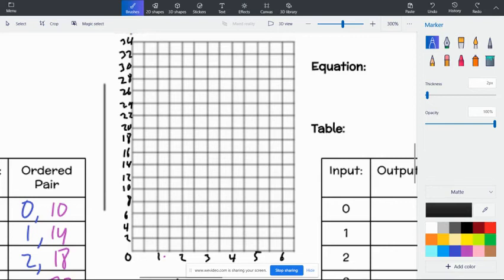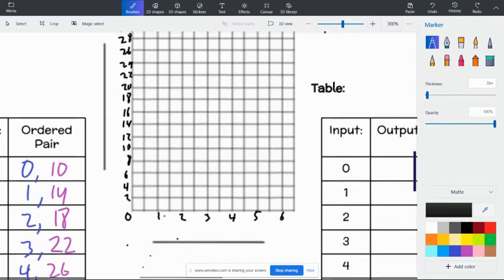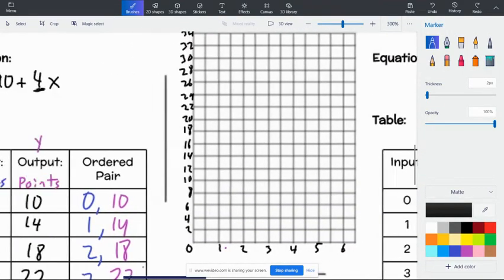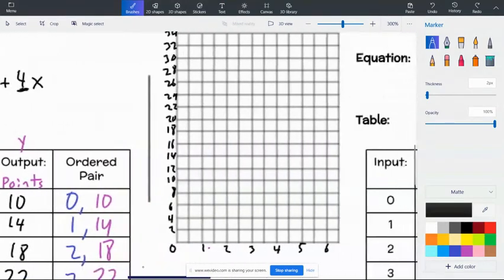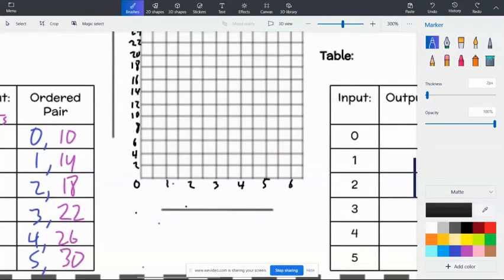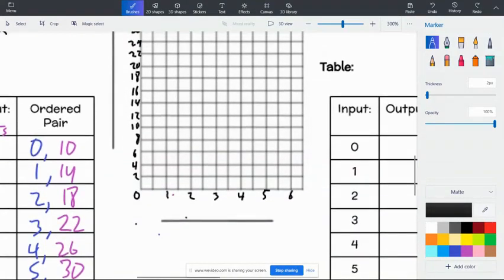Next thing we want to do is label our axes. If we're labeling our x-axis, remember what our input was. Our input was represented by the number of games. So that's what we can label it.